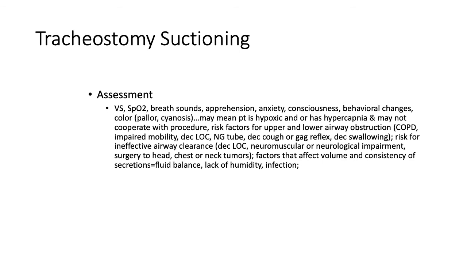Does the patient have a decreased cough or gag reflex, which puts them at risk for not being able to protect their own airway, or decreased swallowing? Do they have a risk for ineffective airway clearance, which would be indicated by decreased level of consciousness, neuromuscular or neurological impairment, like a stroke? Have they had a stroke, a CVA, and they aren't able to effectively clear their airway because of it?